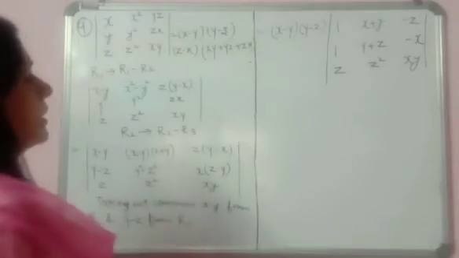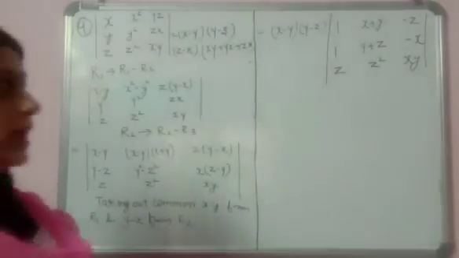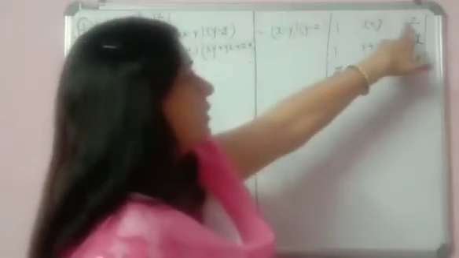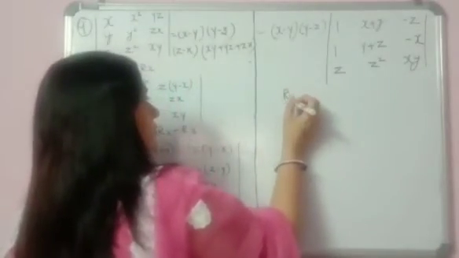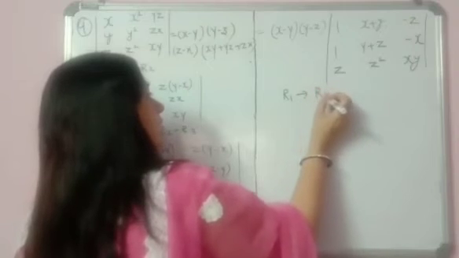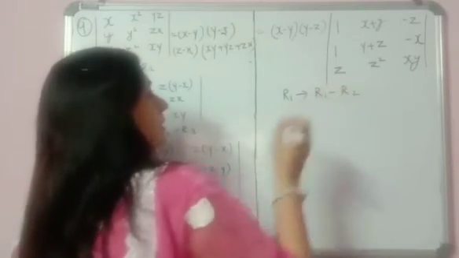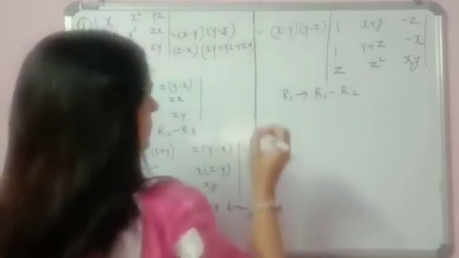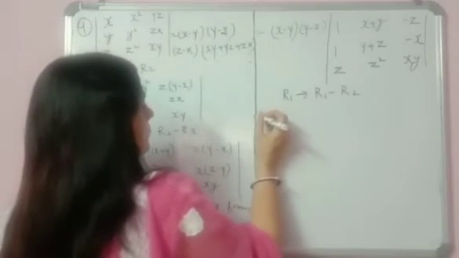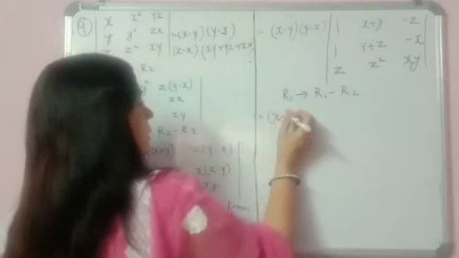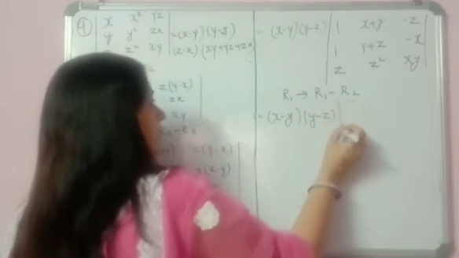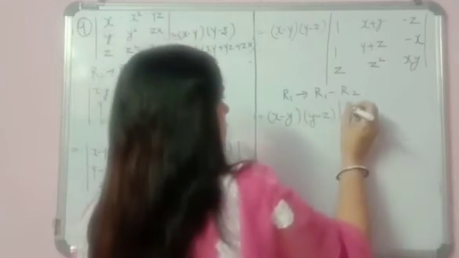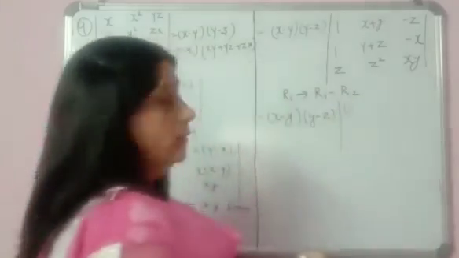Okay, now z minus x you want. So z minus x you will get from here, isn't it? So let us change R1 to R1 minus R2. ठीक है, मिल जाएगा आपको. So it is equal to x minus y, y minus z, and R1 minus R2 आपका आ गया 0.